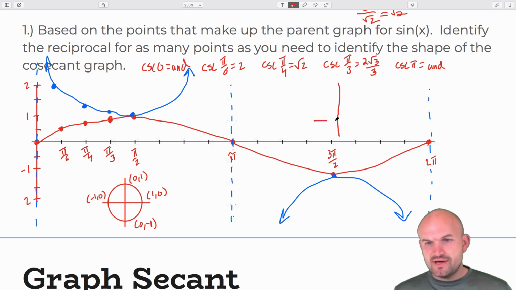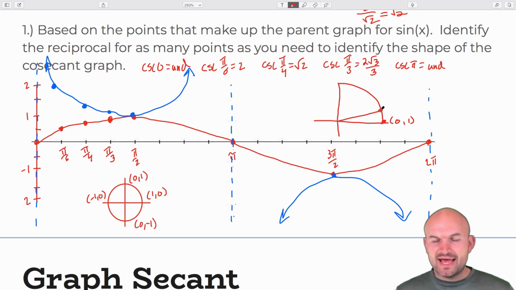But let's go ahead and do the first quadrant here, because I said, let's just do the first quadrant. So we know this point, that's 0, 1. Then at pi over 6, that coordinate point is square root of 3 over 2, 1/2. Then we had pi over 4, which is square root of 2 over 2, square root of 2 over 2.